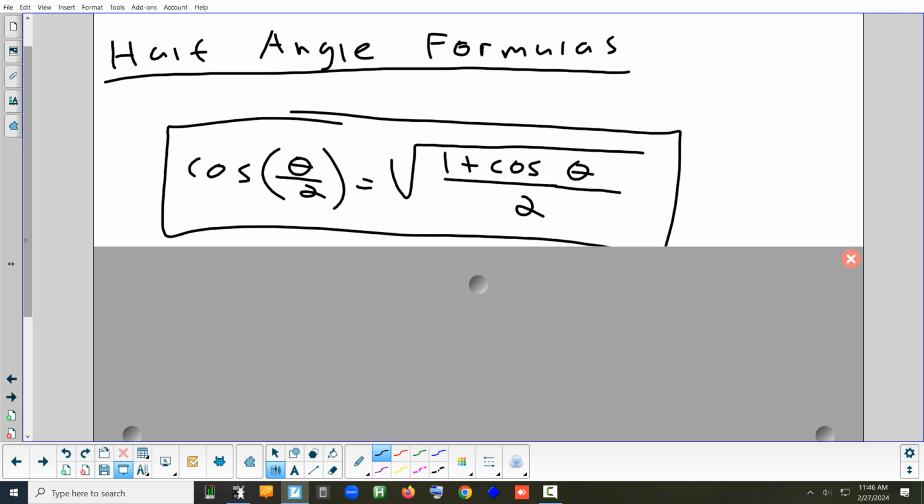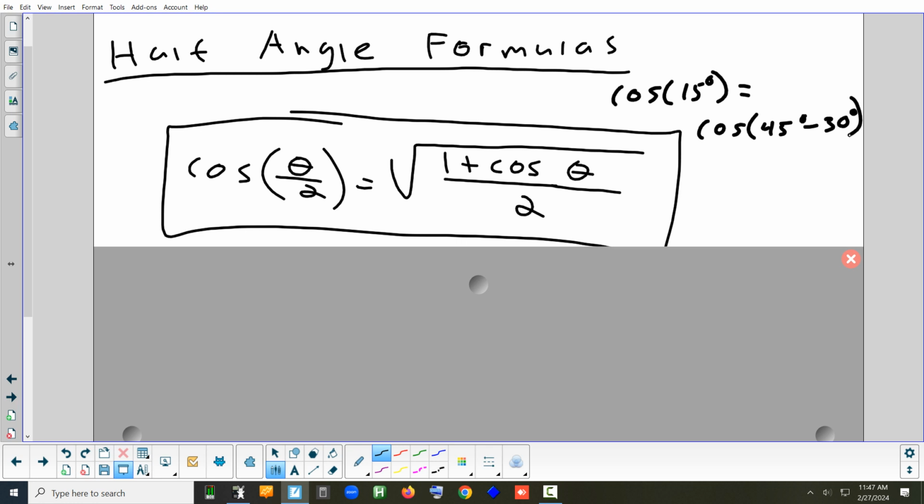How did we figure out 15 yesterday? Like 45 minus 30. Right. We treated it as a difference problem, which is fine. You can do 45 minus 30 as long as you know the cosine difference identity. Now, let's say you didn't know the cosine difference identity and you wanted to figure out 15.